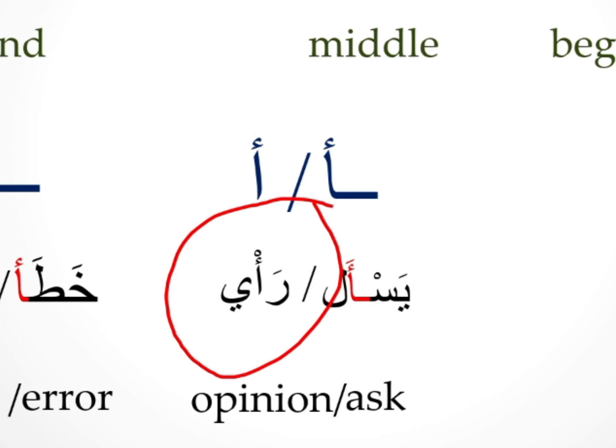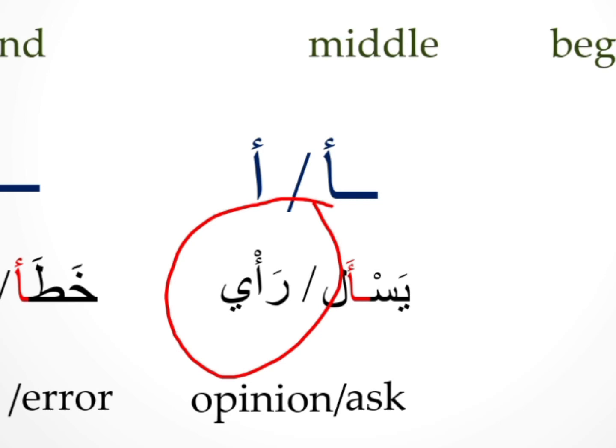Now, I want you to notice the word رأي. Let's spell it together. را فتحة را. ألف سكون أ. راء. يا. رأي. I want you to notice the sign above the Alif letter.